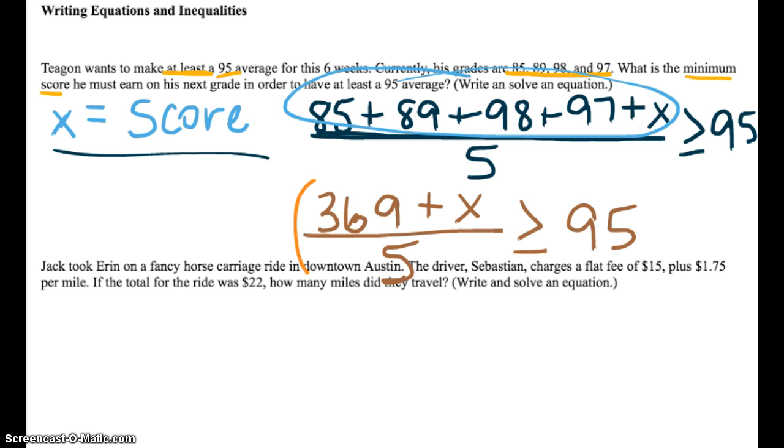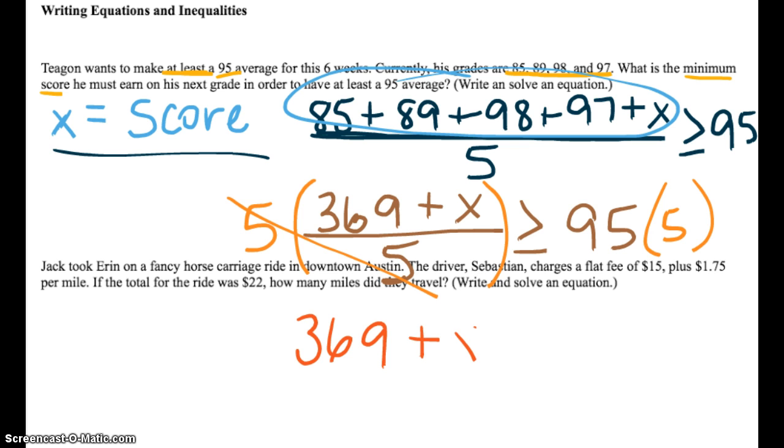Okay, what would be our next step? We're going to multiply both sides by 5 because we want our fraction to divide out. So we are going to be left with 369 plus the next score is greater than or equal to 475.